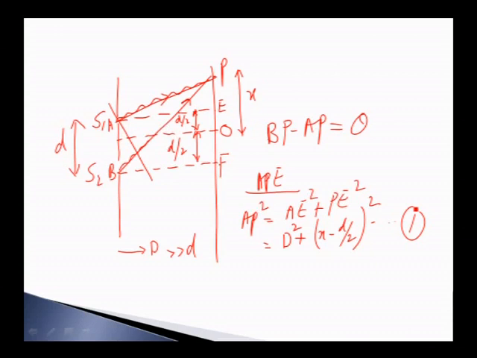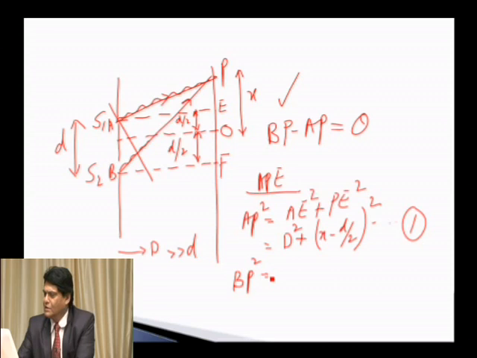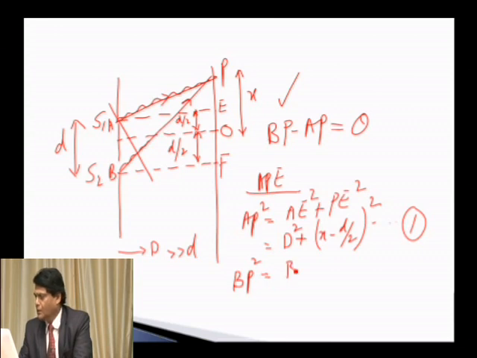Now, similarly, let us find the value of BP, which is what we require here. Again, consider this triangle BPF. Apply the Pythagoras theorem: BP square is equal to BF square plus PF square.